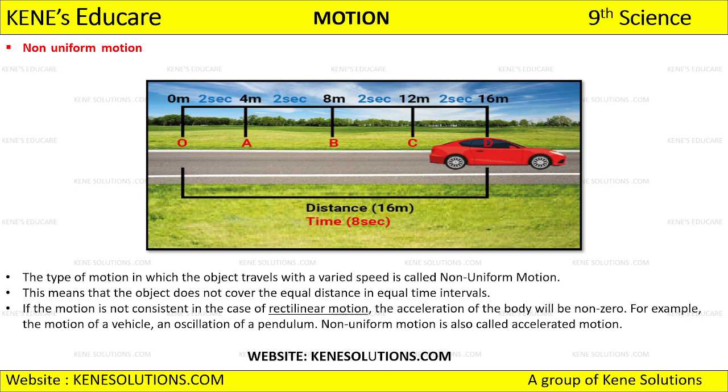If the motion is not consistent, that will be in the case of rectilinear motion itself. If motion is not consistent, the acceleration of the body will be non-zero. The examples given over here are the motion of a vehicle and the oscillation of a pendulum. So don't get confused if they ask you to write a note on accelerated motion, because non-uniform motion is also called accelerated motion.